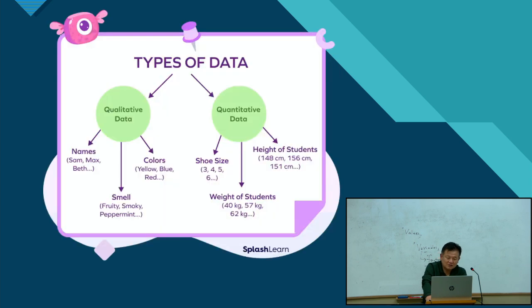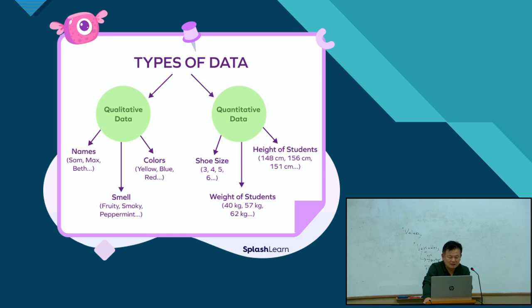So what types of data are there? It shows quantitative data and qualitative data. Qualitative data is names. Our class name list is qualitative data. For example, Sam, Max, Harris, Lee, or something.